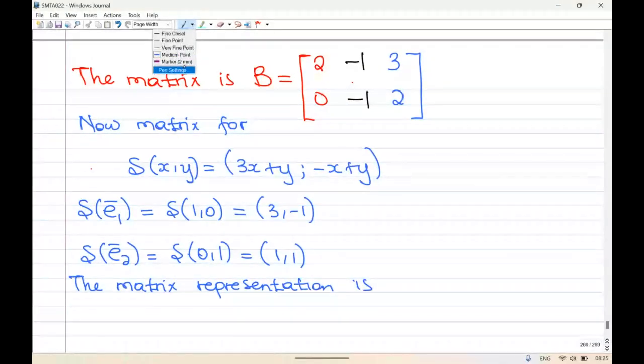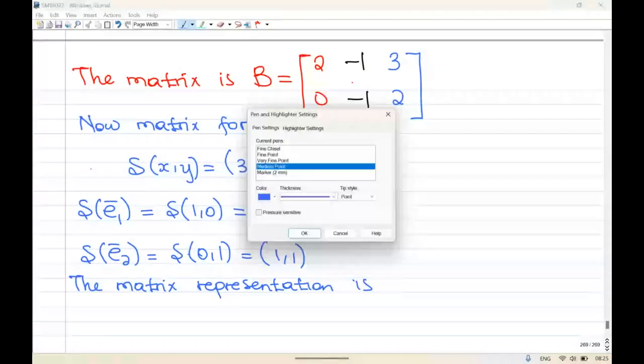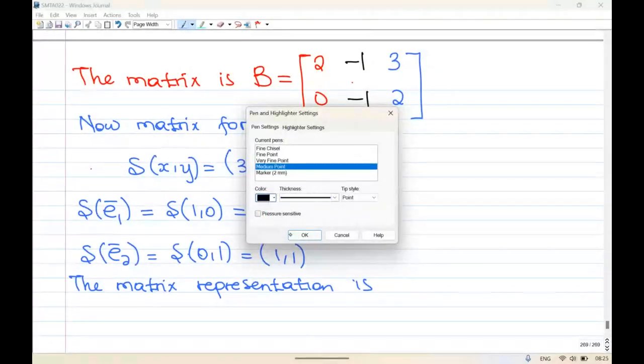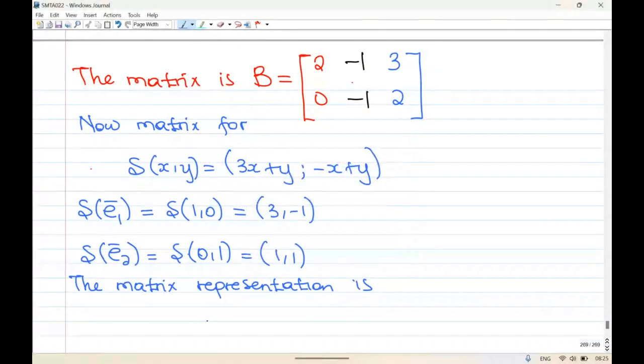Is it C? If you are saying it is C, then we are going to have 3, minus 1, and 1, 1. Is it correct, colleagues?